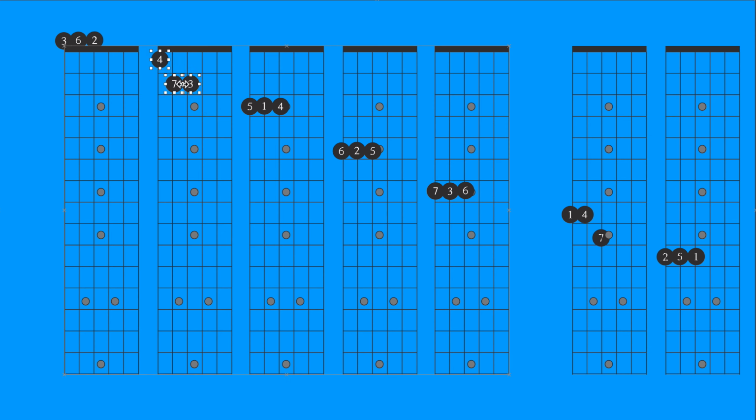So if we simply place these together, 3 of them in a row, we have 3 notes per string. 3, 4, 5, 6, 7, 1, 2, 3, 4.